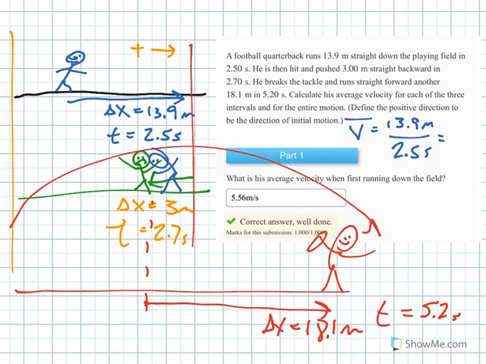Your numbers are different from mine. Again, keep in mind here, the number of significant figures in the answer needs to be the same as the number of significant figures in the problem. And all of these have 3 significant figures, okay?